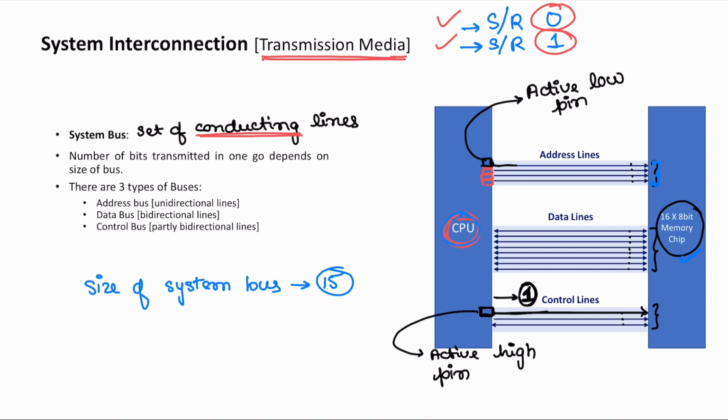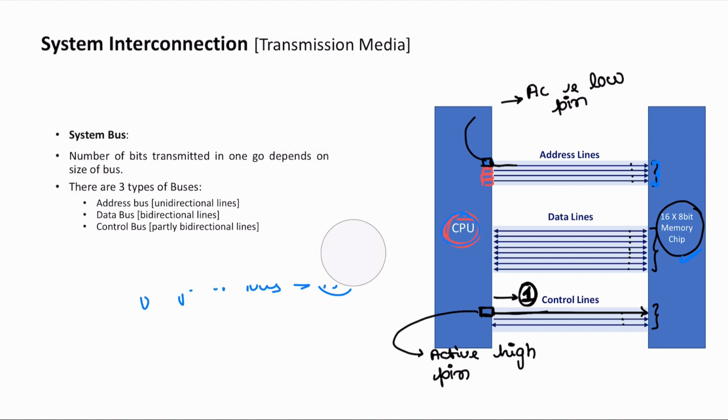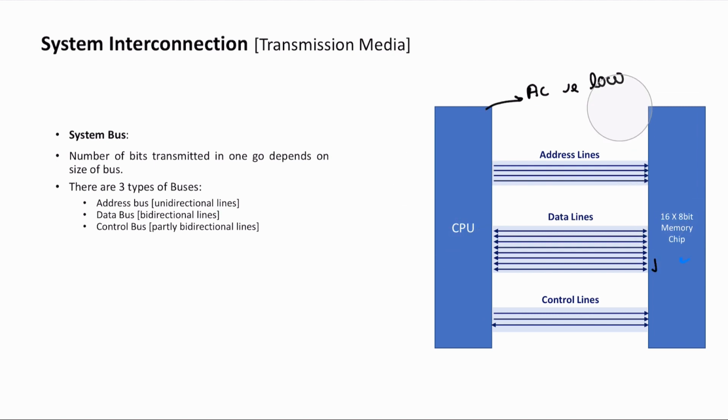Let me erase everything here and give you an example. Suppose CPU wants to fetch the instruction that is present in address 5 of main memory.